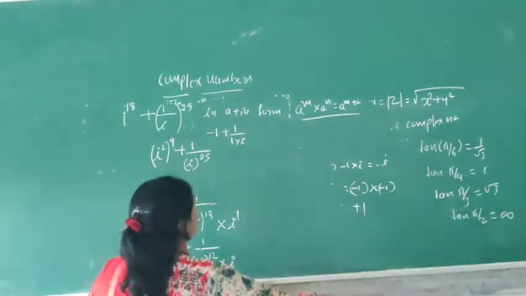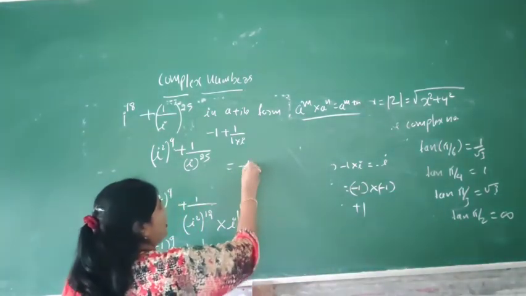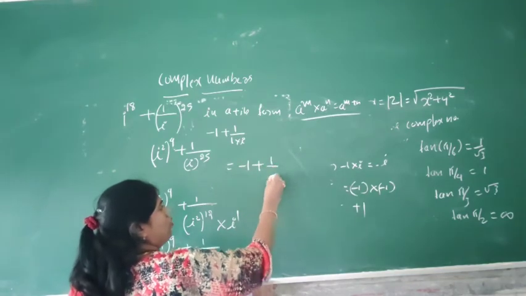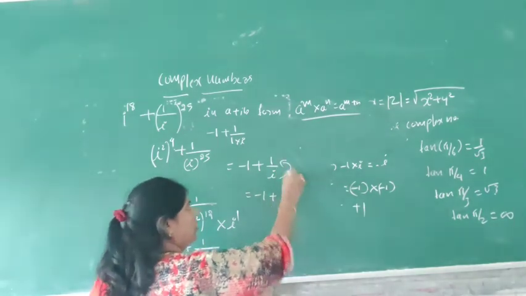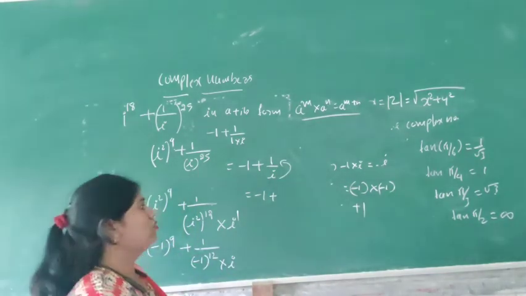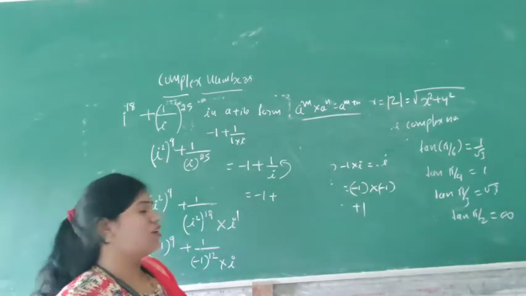Next, what will happen? So minus 1 plus 1 divided by I. If I take I to the numerator, what will happen?